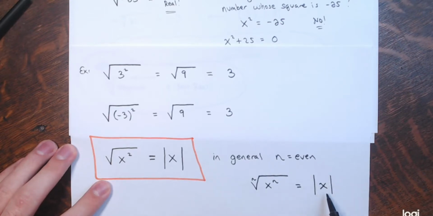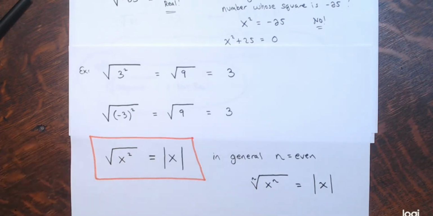We want to ensure that this gives me the principal nth root, the even one. So please keep that in mind, and you're going to have to put absolute value symbols in your answers. Now that was all for even roots.